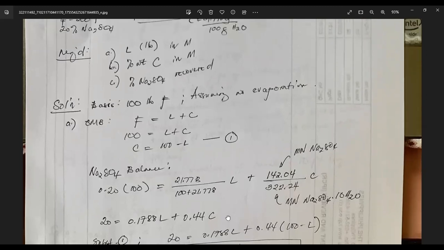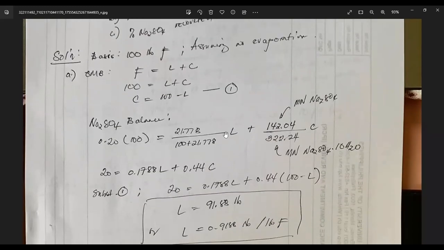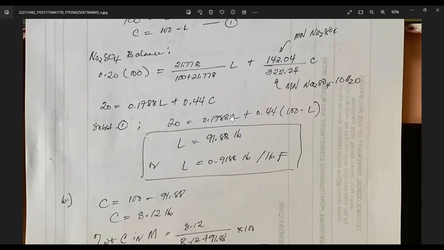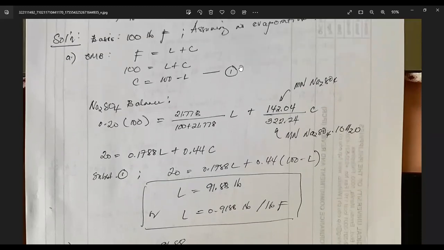Now, the next is you're asked to determine the percentage by weight C in the magma. How much of the crystals is present in the magma? So before you can answer that, of course, you need to know the crystal. So you go back to this equation, substituting the value of the 91.88, because that's the one that we got for the basis that we used.